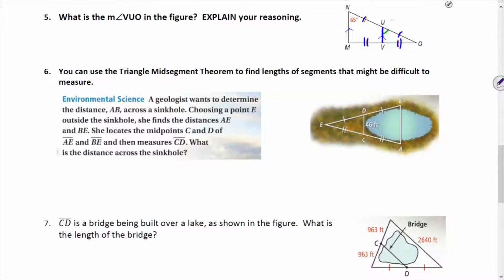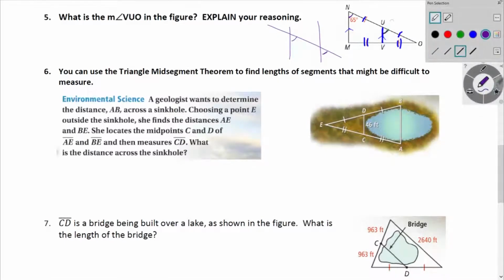It's all about angles. Looking at this angle that I'm given here, 65 degrees, and this angle right here that I want to know, I have parallel lines and a transversal going this way. This angle and this angle are corresponding angles.